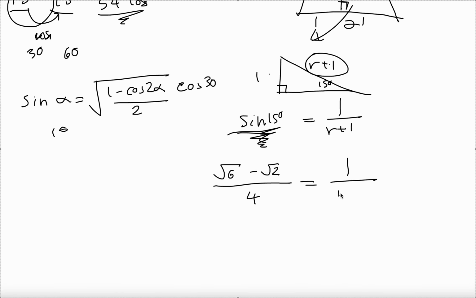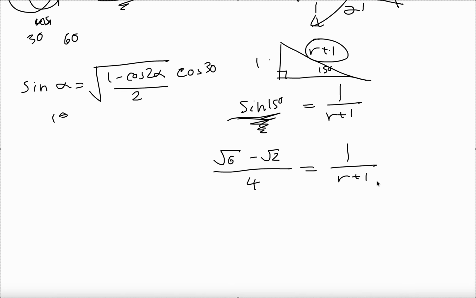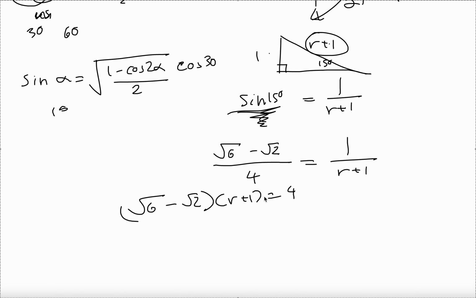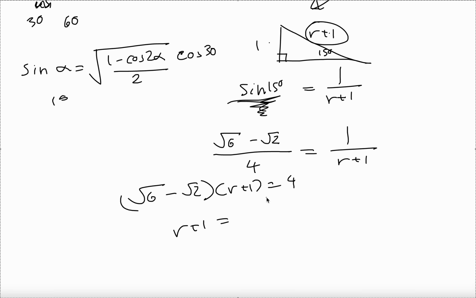This equals 1 over r plus 1, so now it becomes a matter of solving. We get (square root of 6 minus square root of 2) times (r plus 1) equals 4. So r plus 1 equals 4 over (square root of 6 minus square root of 2).